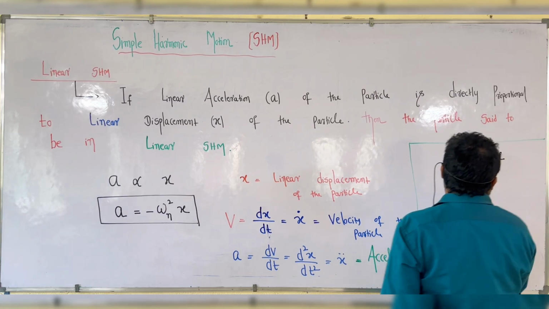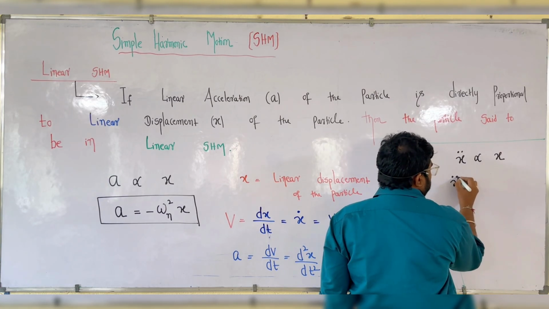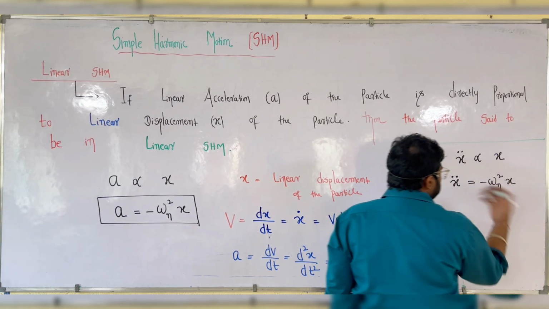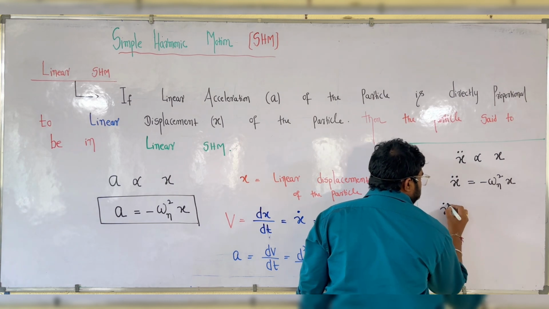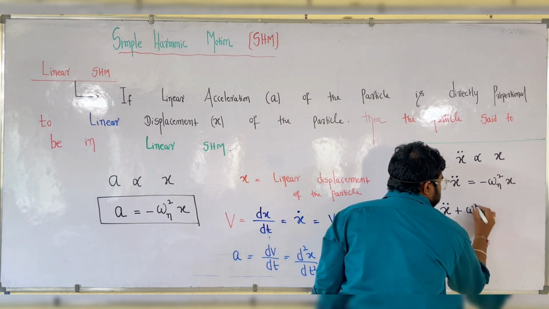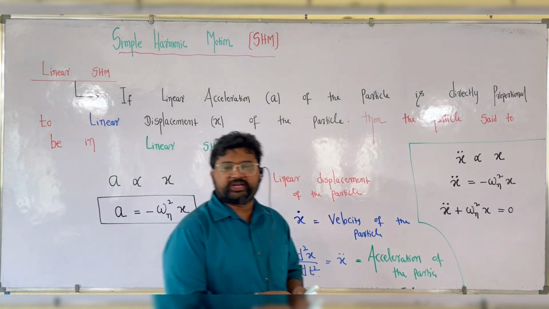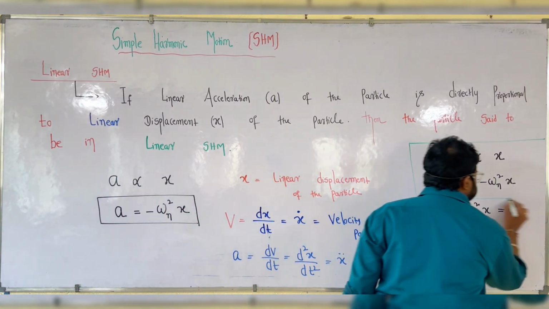So here we can confidently write that the acceleration of the particle, x double dot, equals minus omega n square x. If you take it to the left hand side, x double dot plus omega n square x equals 0. This is the equation of motion for linear SHM.